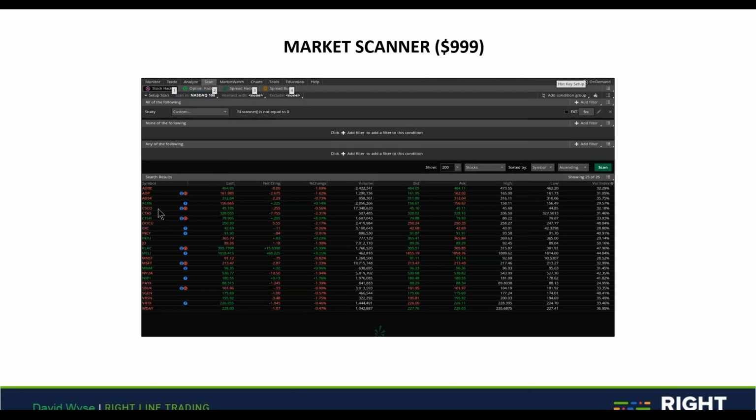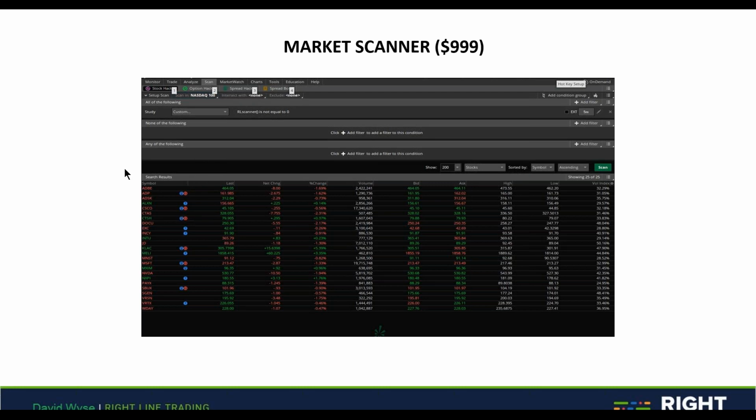It has a scan for pop out of the boxes, crosses of the trend lines across the 15. It also has a relative strength and relative weakness scanner that compares the stock to the S&P, the SPY, for the particular time frame you're looking at. So you can find stocks that have relative strength or relative weakness all day long, and trade those. The scanner comes with it, and we're working on it all the time.